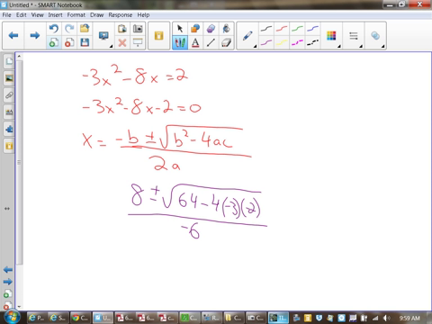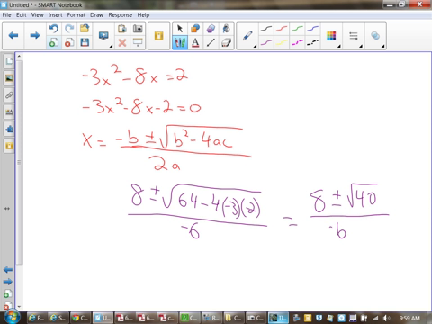Okay. So now I have 64 minus 24. Right? So 64 minus 24 is 40. So I get 8 plus or minus the square root of 40 over negative 6. Square root of 40: 2 root 10.